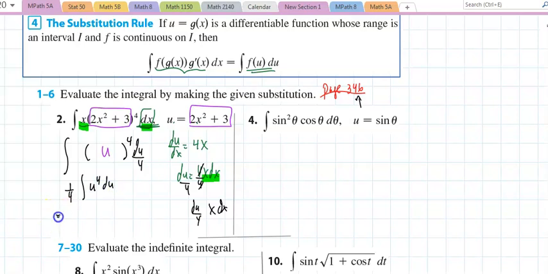And what would that be? Wouldn't that be 1 over 4? Add 1 to the power. Divide by that. And 1 over 20 times what? I can fix this problem easily.